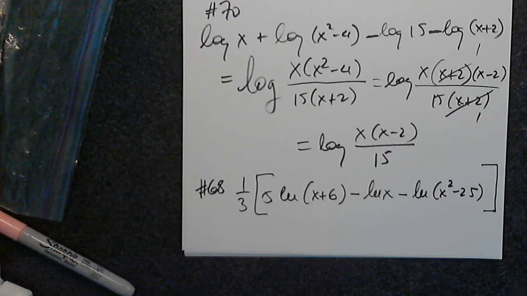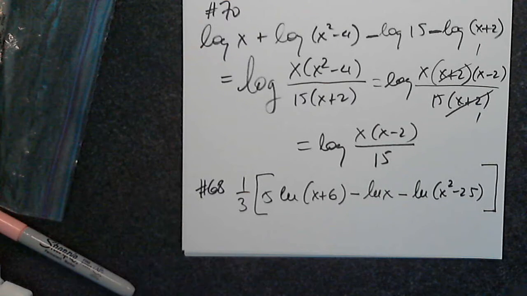So leave the constant outside alone. We don't need to address that just yet. So this is 5 natural log of x plus 6 minus natural log x and minus natural log of x squared minus 25.